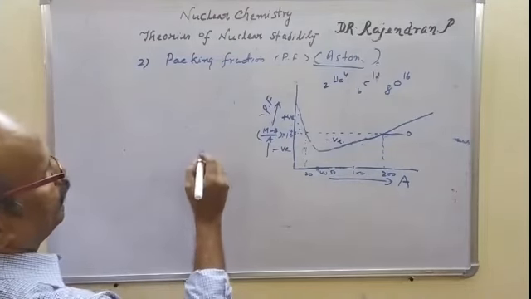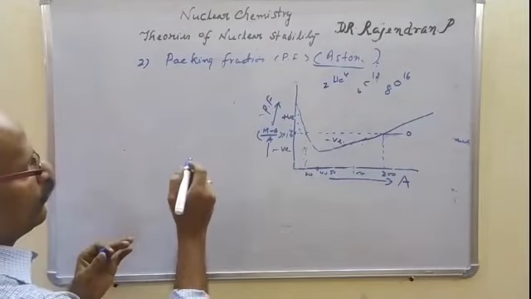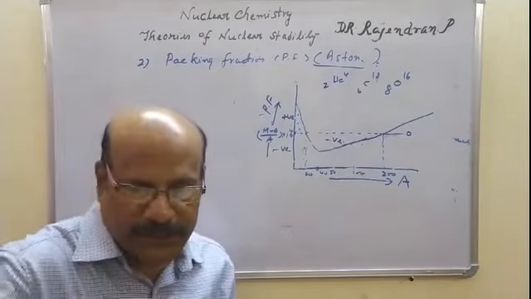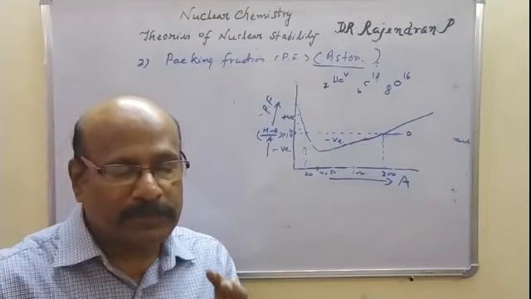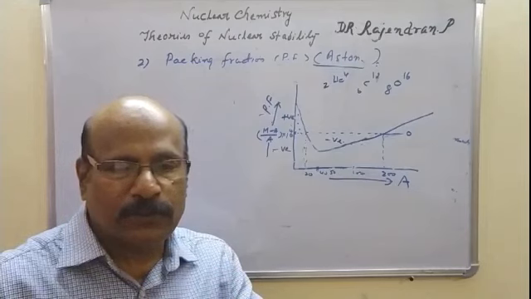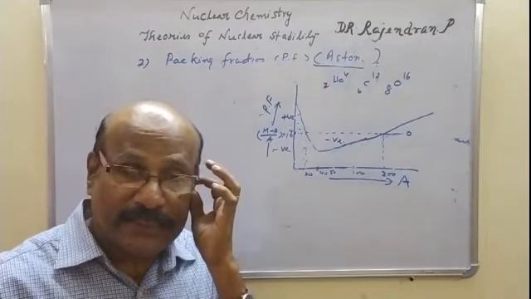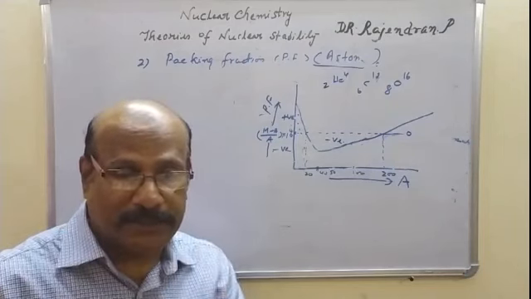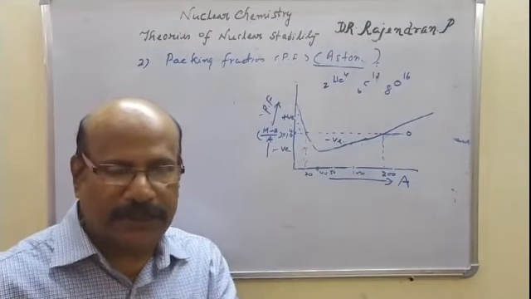That is, when a particular nucleus is formed by the assembly of the constituent particles, proton and neutron, some of the mass of the proton and neutron is lost and released in the form of energy during the formation, not at instability. Therefore, the mass that is lost is converted to energy.